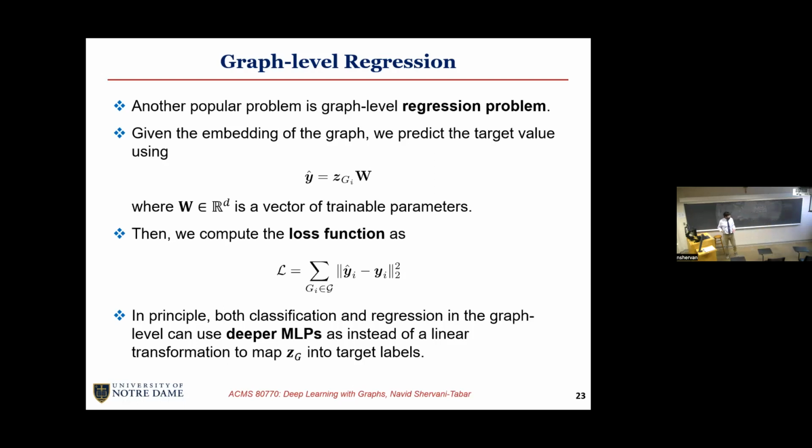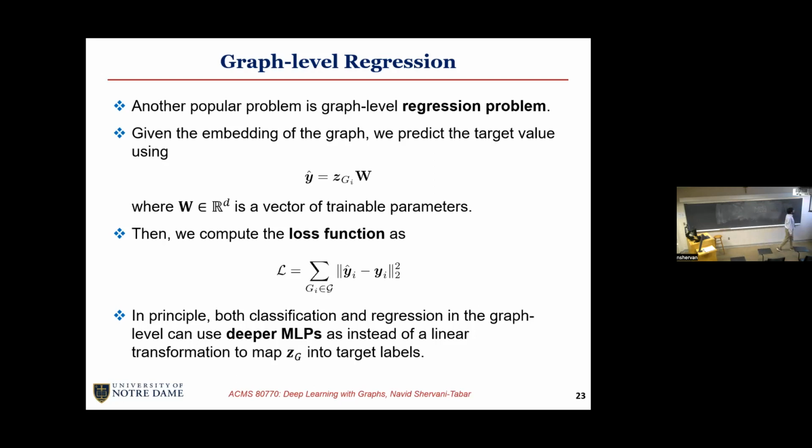We're just finding the squared L2 norm of the vector of the differences, if it's a vector, but usually it's just a single value. So you can do, for instance, multi-regression problems where you are predicting, for instance, 5 properties at the same time. So your output is a vector of dimension 5. But here, let's say that we have a single value. So we just try to minimize the distance between our prediction and the true property value for that molecule.